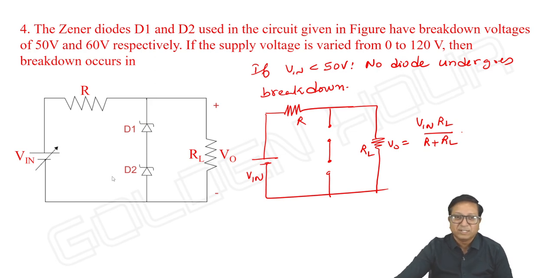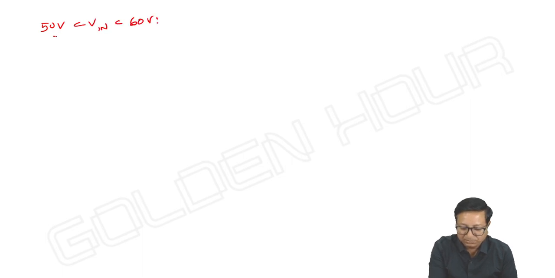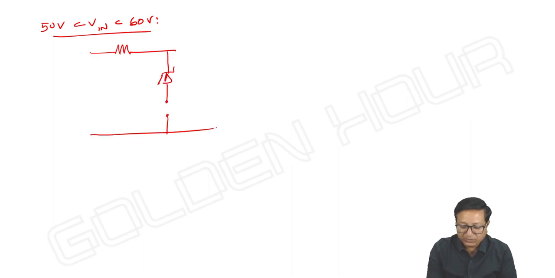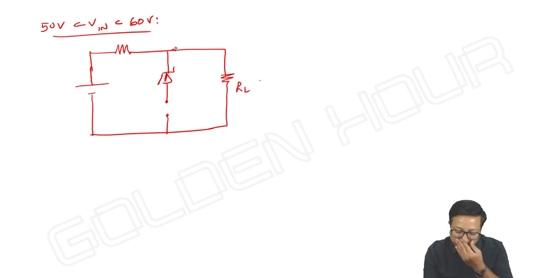Okay. So if V input is greater than 50 and less than 60, the situation is 50 volts less than V input less than 60 volts. What happens? Even though D1 is ready to undergo breakdown, as D2 is in series with D1, D2 cannot undergo breakdown, and hence D1 also cannot undergo breakdown.